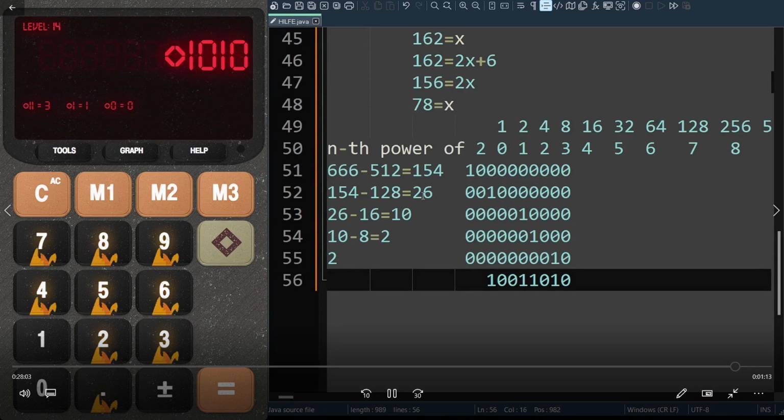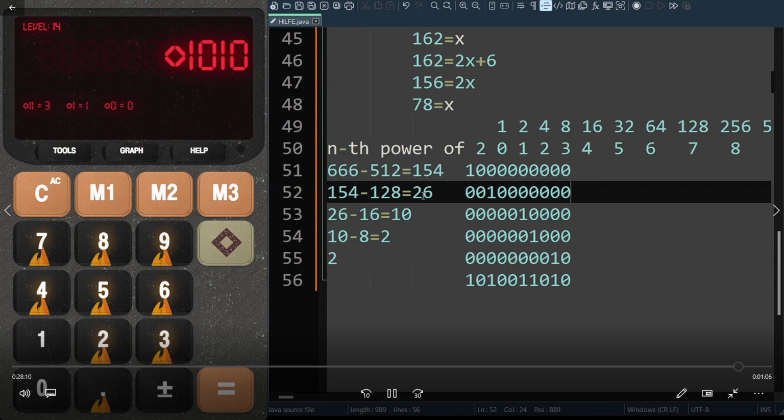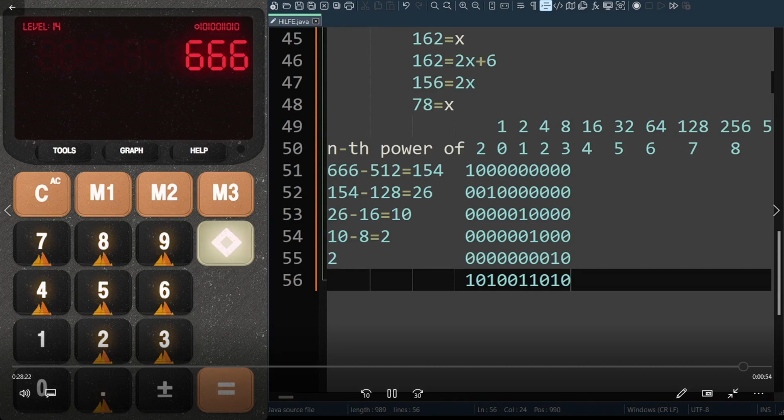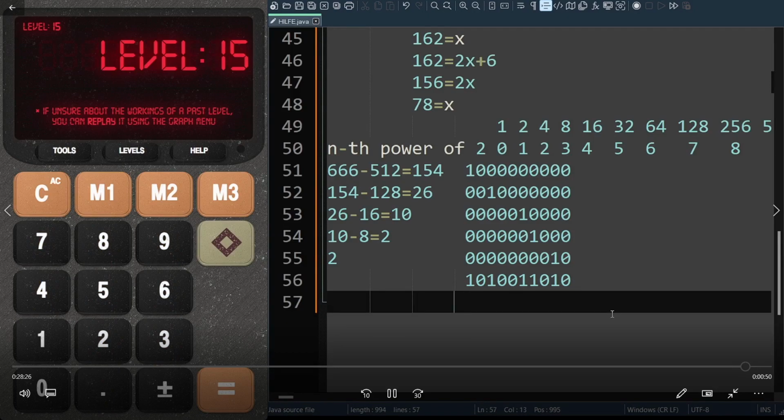For example, 1 is the 0th power of 2, so you write 1 with 0 zeros, so basically a single 1. 2 is the first power of 2, so you would write a single 1 and a single 0. So you just add those numbers together, and that's how you get that.